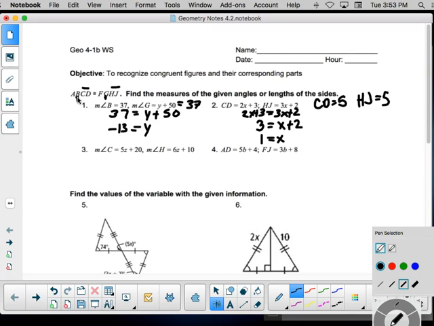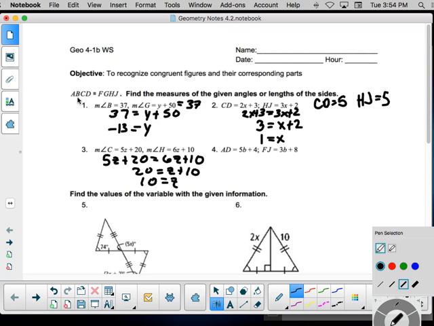Now, when I'm looking at angle C and angle H, they are in the same positions, therefore they are equal. So now 20 is equal to Z plus 10, and 10 is equal to Z.